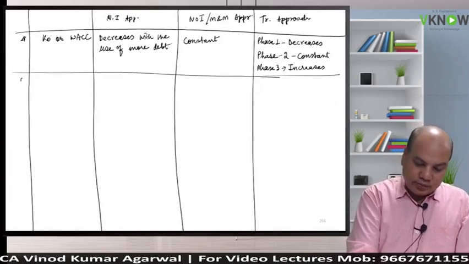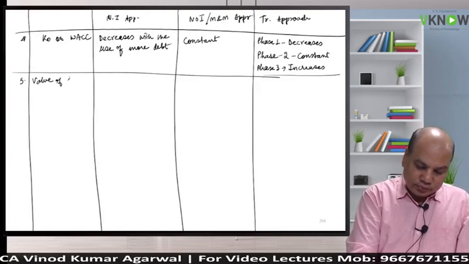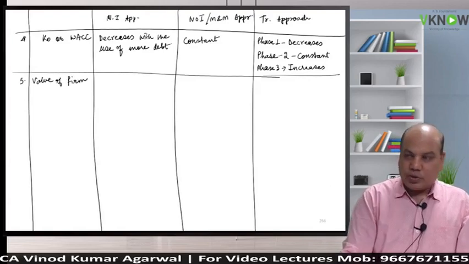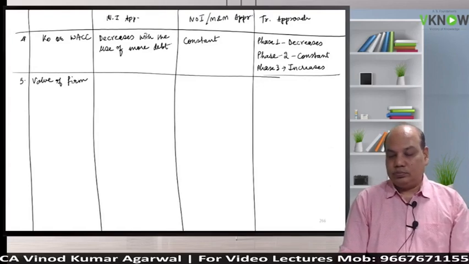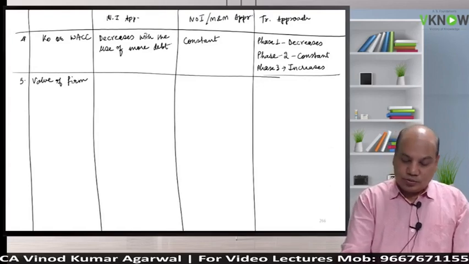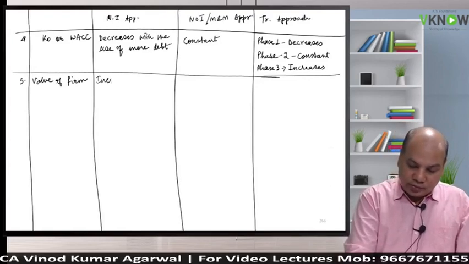Point number 5, value of the firm. What happens to the value of the firm under net income approach? It increases with the use of more debt.